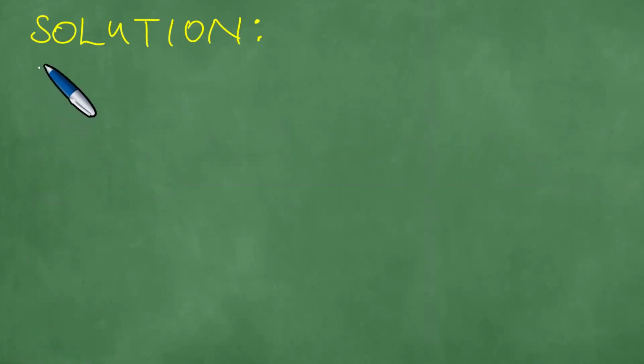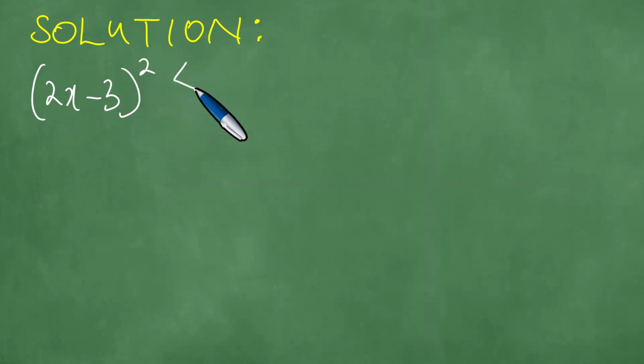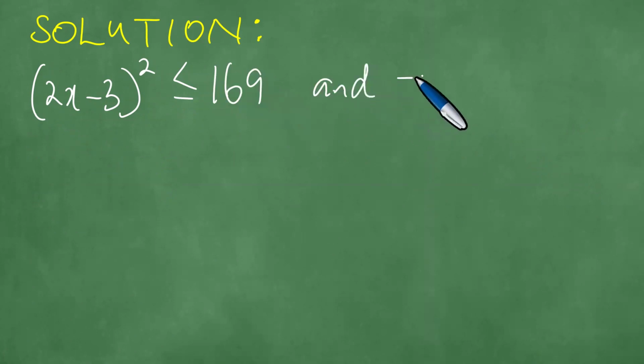Okay, we have been given 2x minus 3, which we square, is less or equal to 169, and minus 3x plus 2 is less than minus 2.